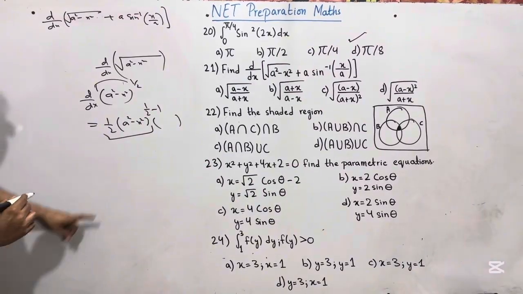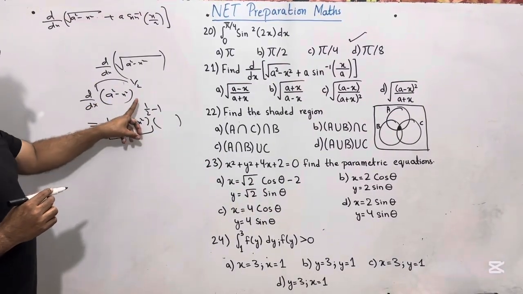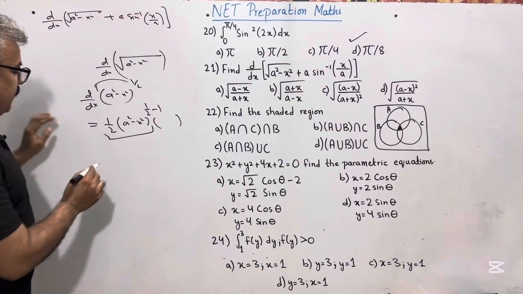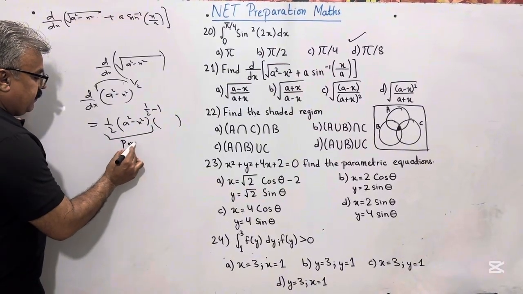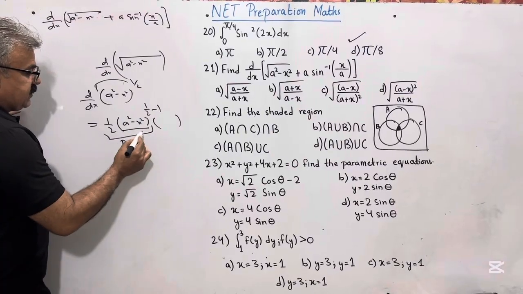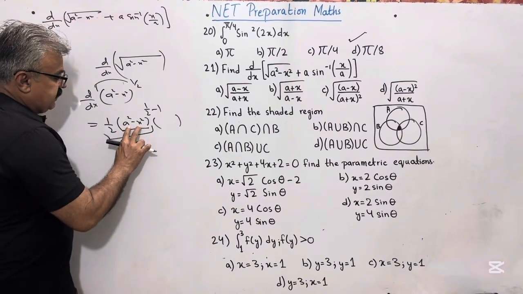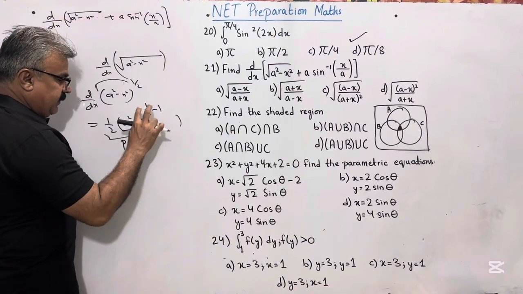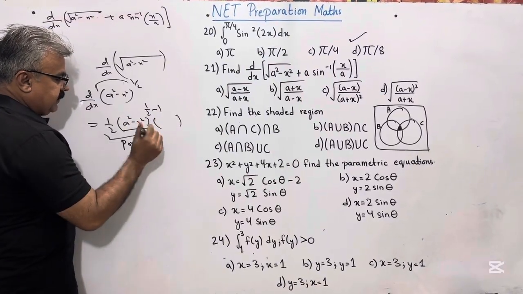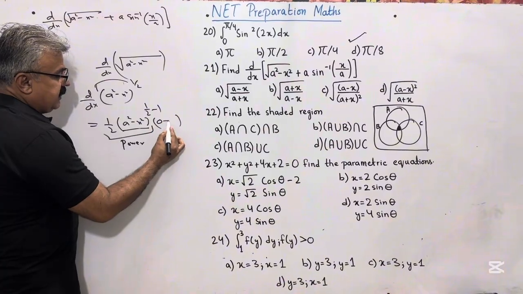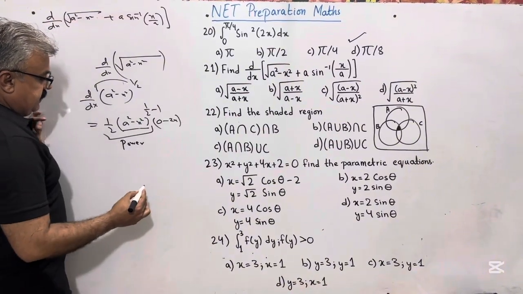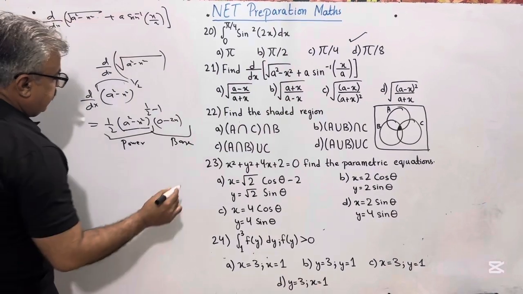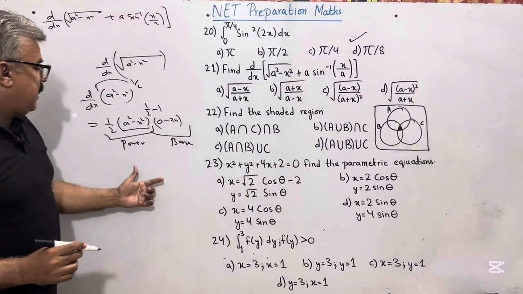Our power is 1 over 2, drag the power down, make it the coefficient, subtract 1 from the power. What is our base? That is a square minus x square. Its differentiation must be written in multiplication in the very same step. Differentiation of a square is 0, negative differentiation of x square is 2x. That is the differentiation of the base. That is the way to deal with power and base.